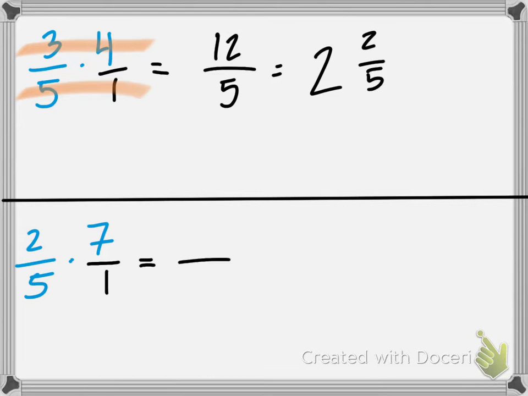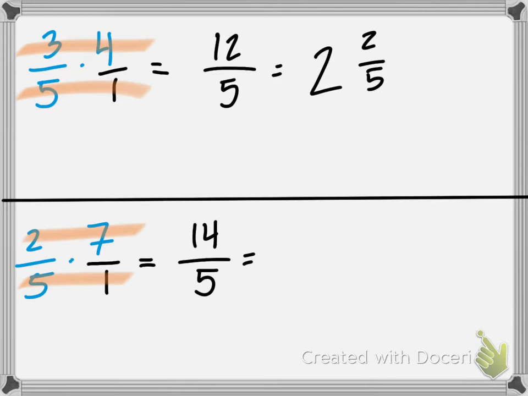Ben, what do you get as your initial fraction? So we multiply across, and what do you get? We get 14 over 5. 14 over 5, yes. Perfect. But that is an improper fraction. So walk me through it. How do I make this a mixed number?